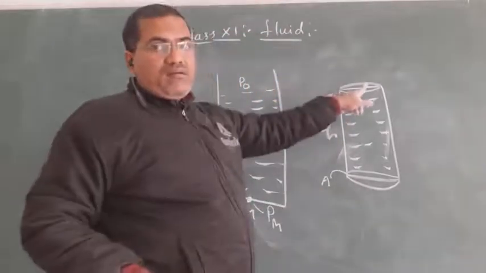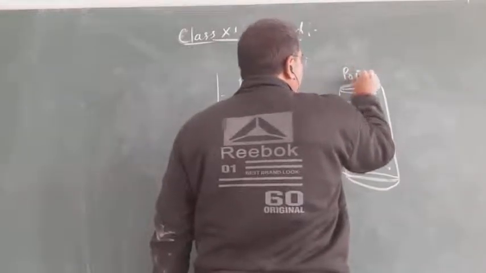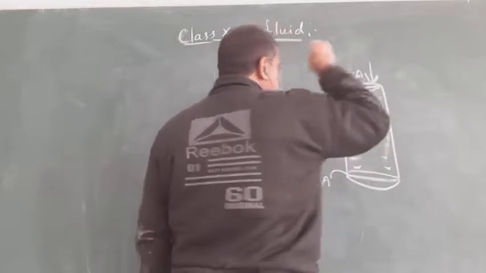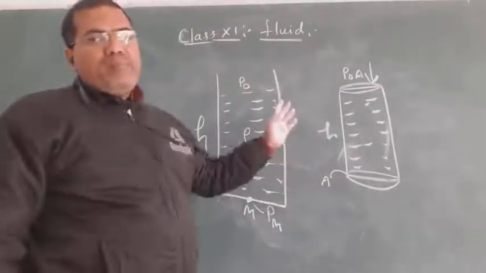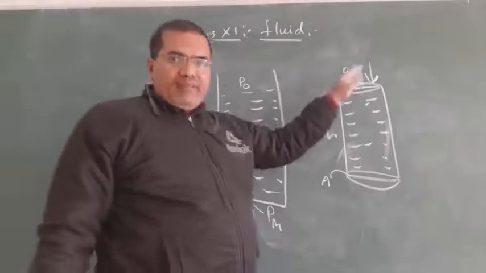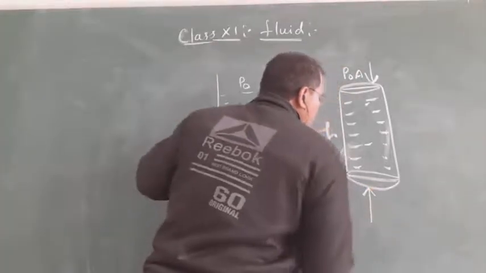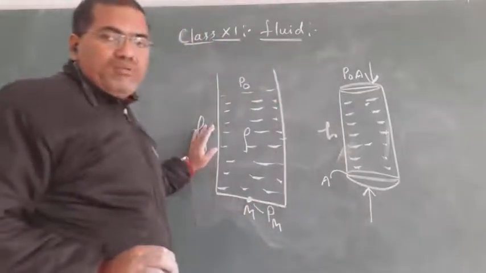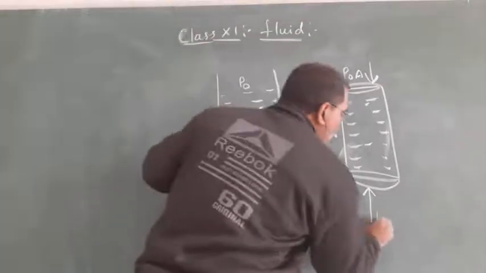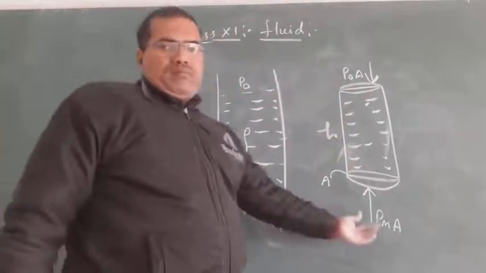Here a force P naught A acts in the downward direction, because force equals pressure times area. This is the force by atmospheric pressure, and this is the force by the bottom of the container, PMA.